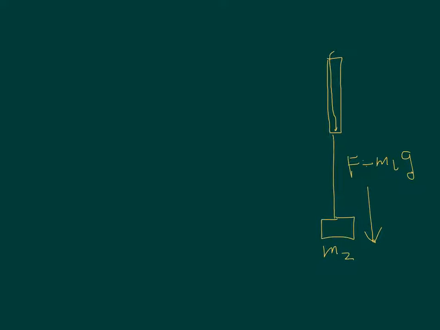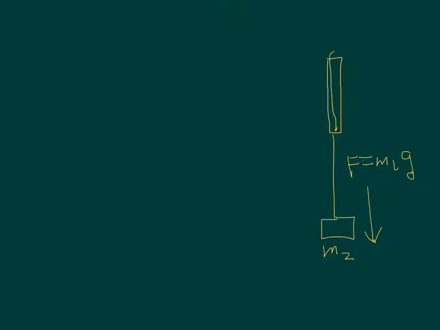Now consider the other end of the string as if it were by itself. Let's say you tied the string right here that comes up through here, but let's say you tied it here. At the end of this is mass 2. With what force does mass 2 pull down? Mass 2 pulls down with a force equal to mass 2 times acceleration due to gravity.